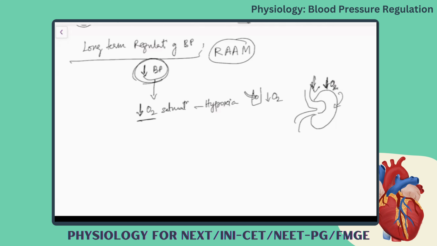Because it is just sensing that there is a decrease of oxygen, but it doesn't know the cause why there is a decrease of oxygen. Whether it is due to low BP, low volume of blood, or due to less RBC, or due to oxygen deficiency in the atmosphere. It doesn't know what the cause is, but it just analyzed that there is a decrease of oxygen at the level of the tissues. So one thing is it will give a signal to the erythropoietin production.